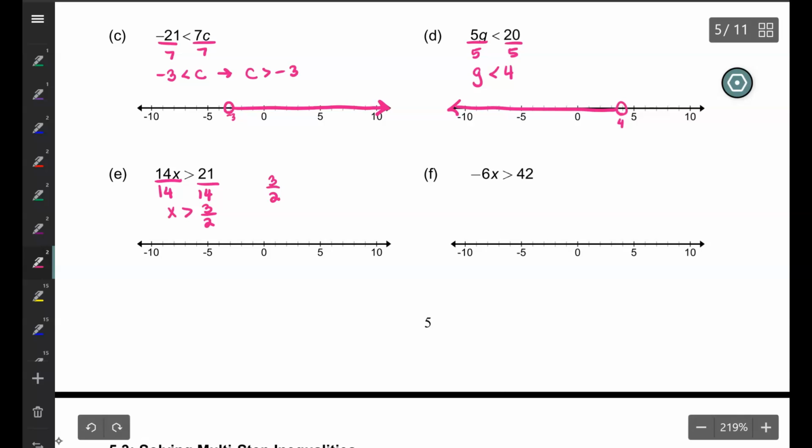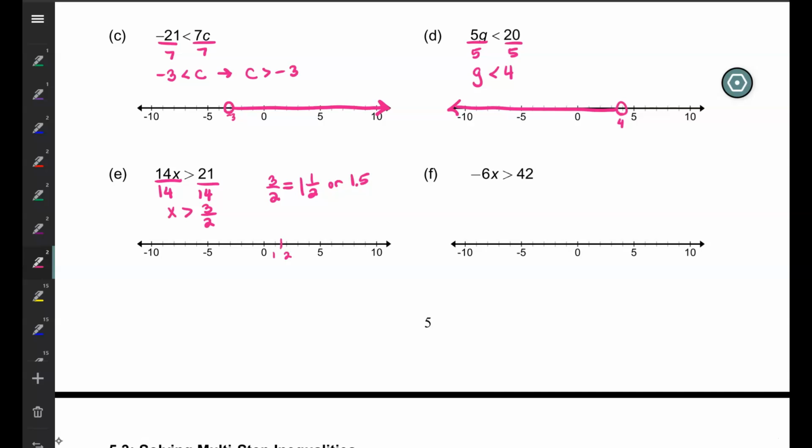So 3 over 2, you can write that as 1.5. So when we're graphing it, here's 1 and here's 2. We would just want to mark that spot right between 1 and 2. It's an open circle, so I'm going to put an open circle around that. And we're going to go greater than. So it's okay to get a fraction or a decimal. We can still graph that on the number line.